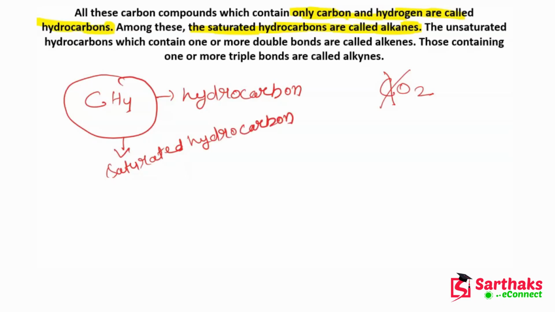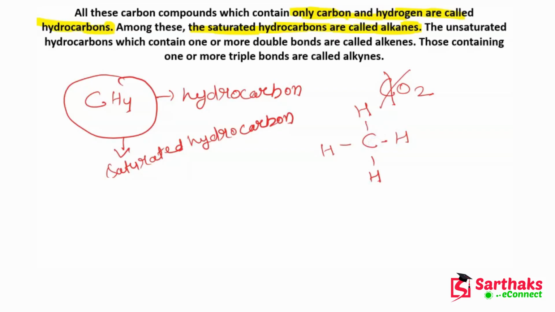Because there is only the presence of single bonds. If I draw the structure, it will look like this. Are you able to see any double bond? No. Because there is no double or triple bond, only single bonds, this is a saturated hydrocarbon.